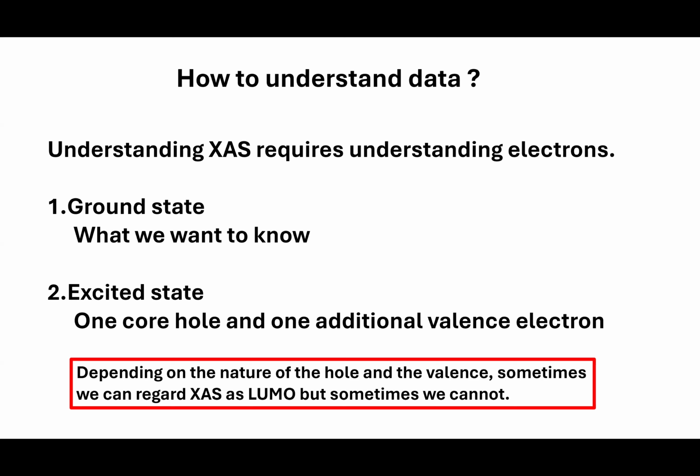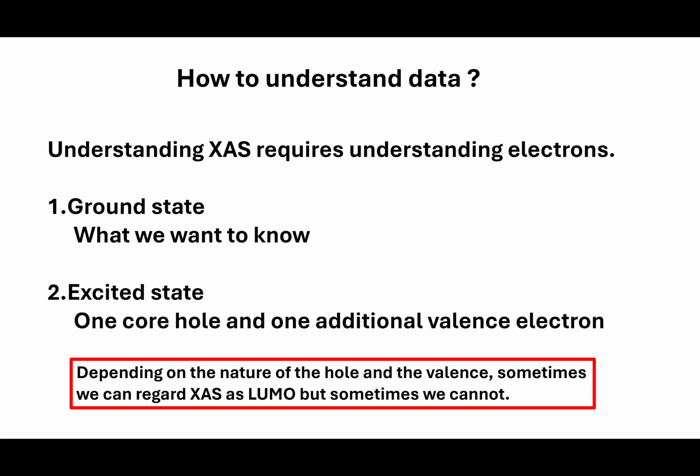So this kind of excited state is always embedded in the spectrum of our data. I think this sentence has to be emphasized many times before we really appreciate how important, how fundamental, how prevalent it is. Our XAS spectrum always has information about the final state, which contains the core hole.